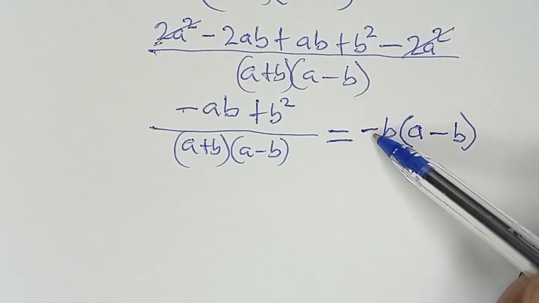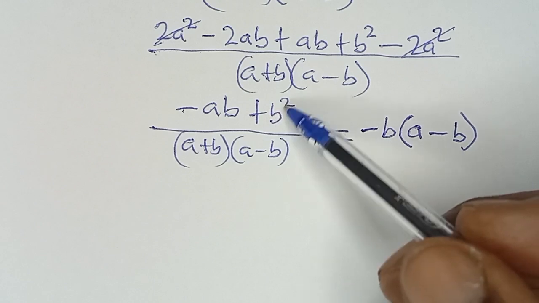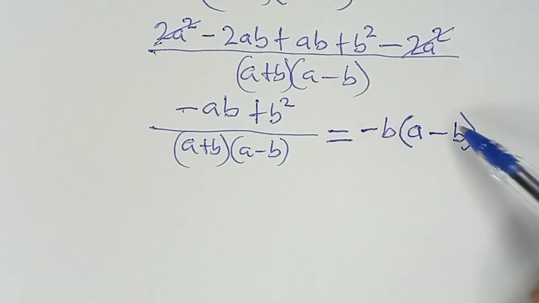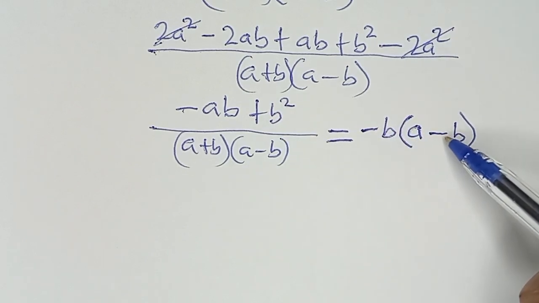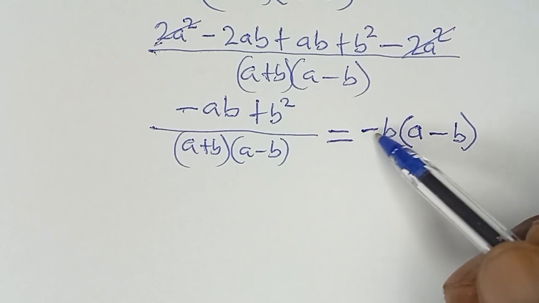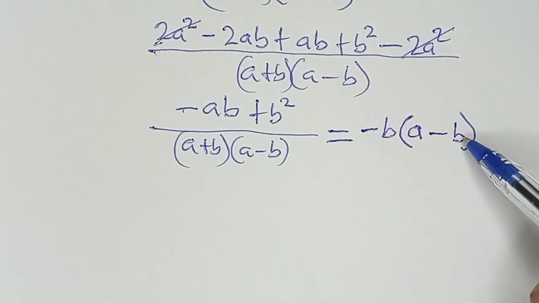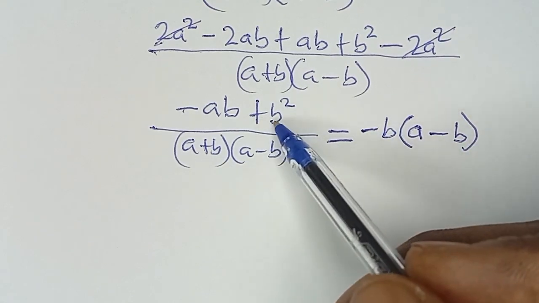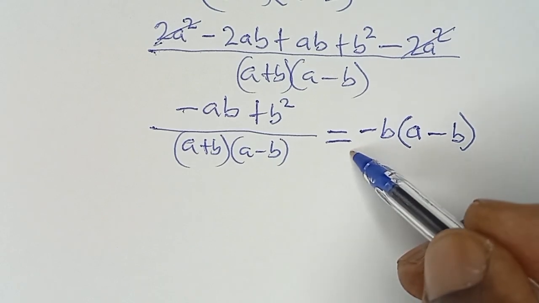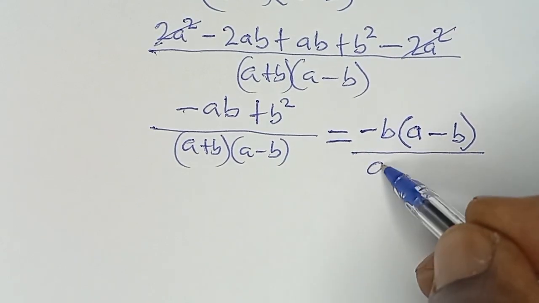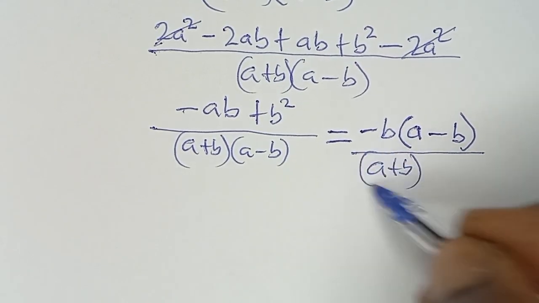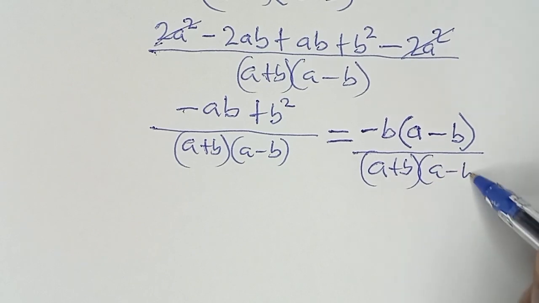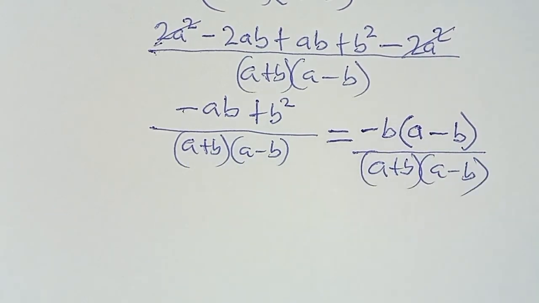Don't forget, because of the negative sign, positive b square divided by negative b gives negative b. So that by the time I multiply negative b and negative b, it will give me back positive b square. And then now all divided by a plus b and then a minus b, which is the denominator here.